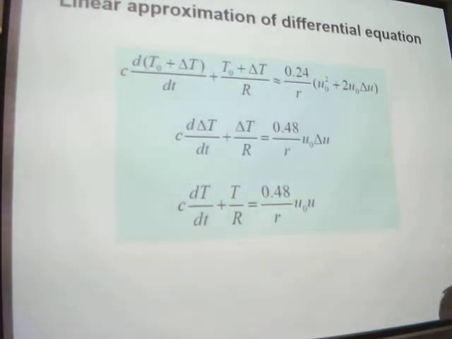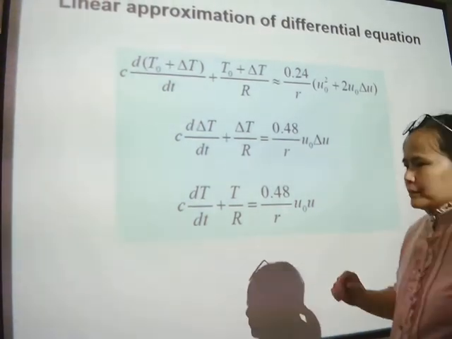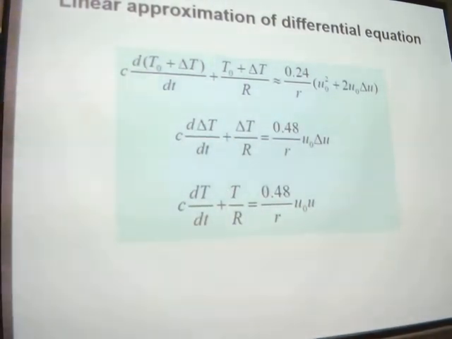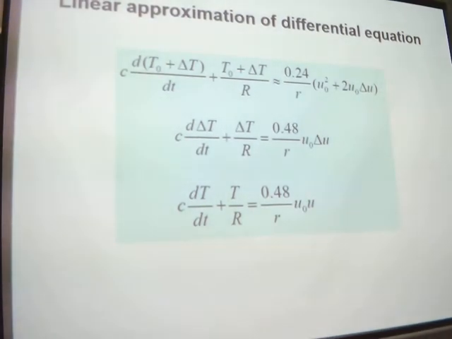B T naught delta T dt. Now, this delta t, t0, maybe 0.24. Need to d. U square to E naught delta U.